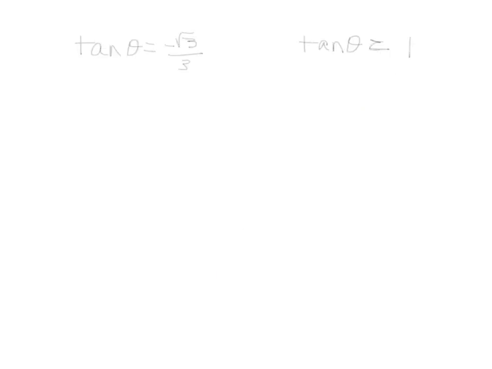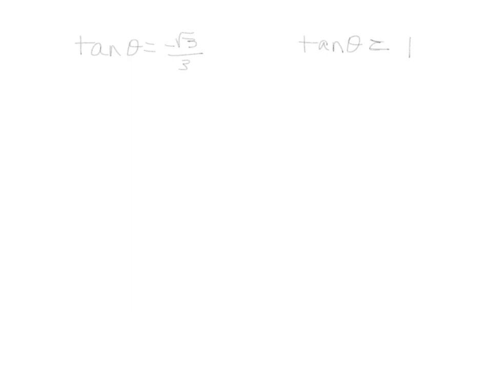Now, as we work with tangent, we have on our unit circle, tangents are listed all the way around in red. So now we just want to find what angle has a tangent that's negative radical 3 over 3. So let's look through all the values as we go around the circle for tangents.